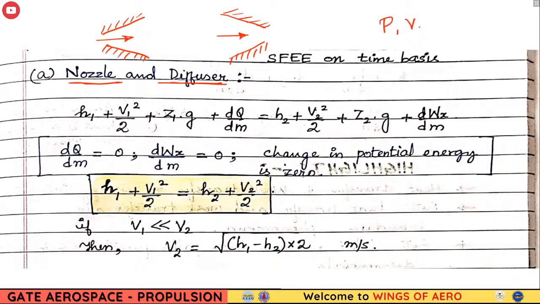It explains what the impacts are in divergent and convergent ducts when the Mach number is less than 1, and what they are when it is greater than 1. Yesterday we discussed only Mach number less than 1.